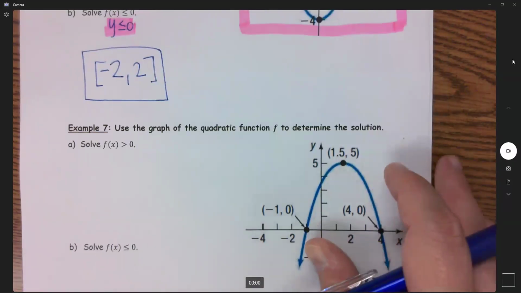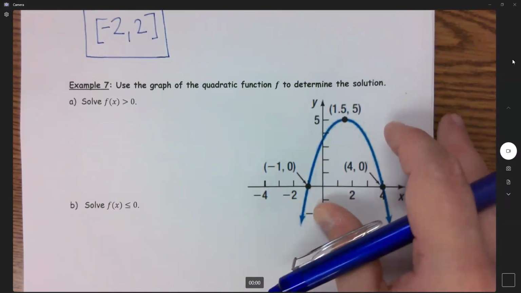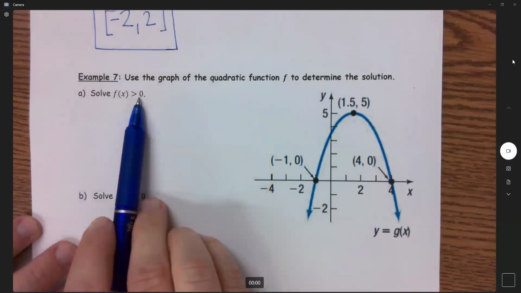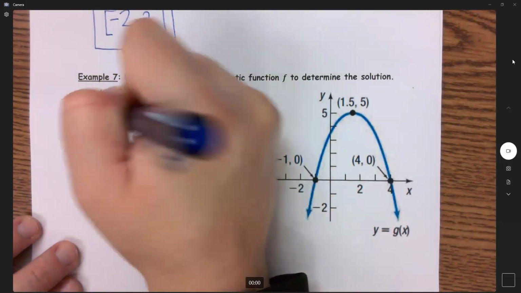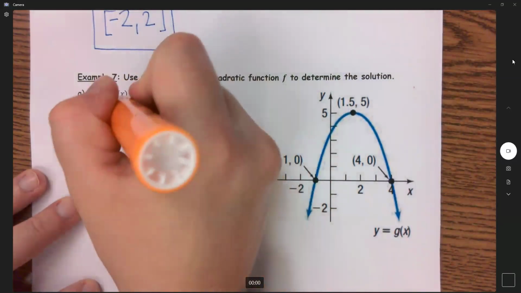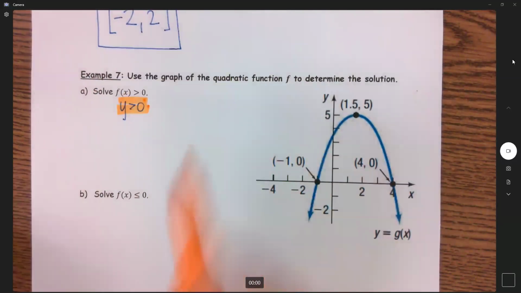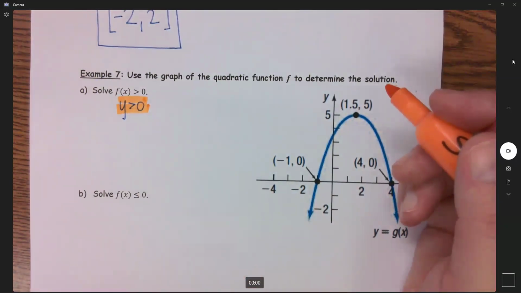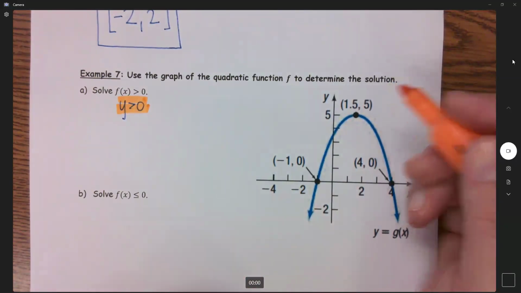Okay, so I hope you've had a chance to try to answer these. We want to solve when our function is greater than 0. So we are wanting to know when is our y greater than 0. Okay, so where are my y values greater than 0, meaning when are they positive?